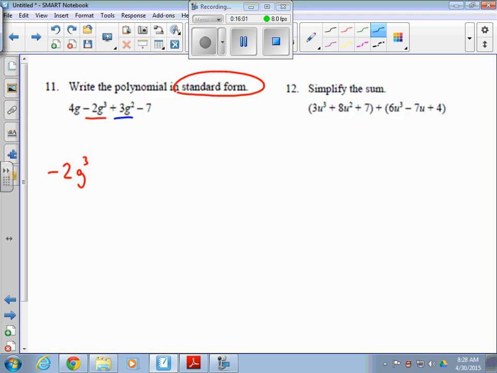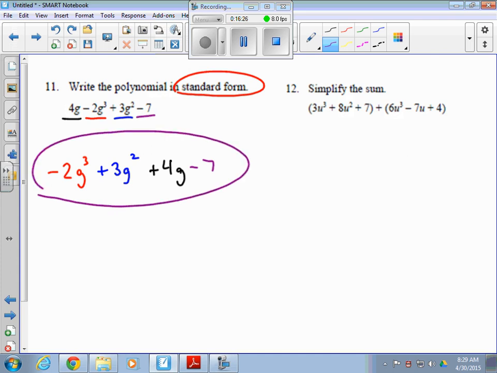You put the whole term again, plus 3g to the second power. The next biggest term is g to the first power, this one. It's positive, there's no sign in front of it, but you know it's positive, so you put plus for g to the first power. And finish it off with the constant term that doesn't have a variable, negative 7. That's standard form, from largest degree to smallest degree.